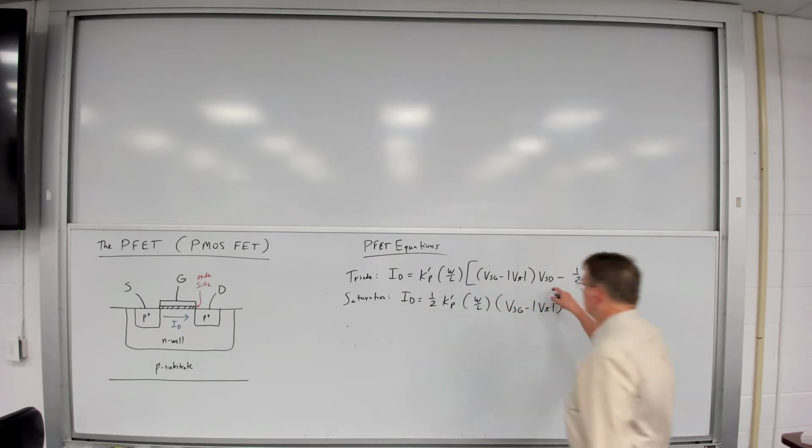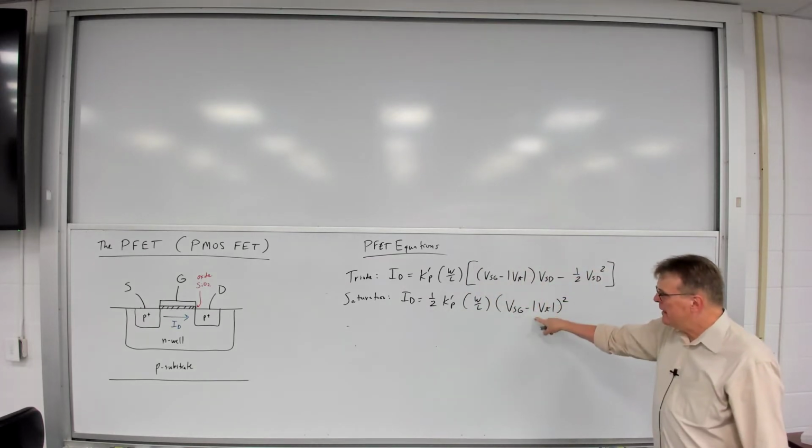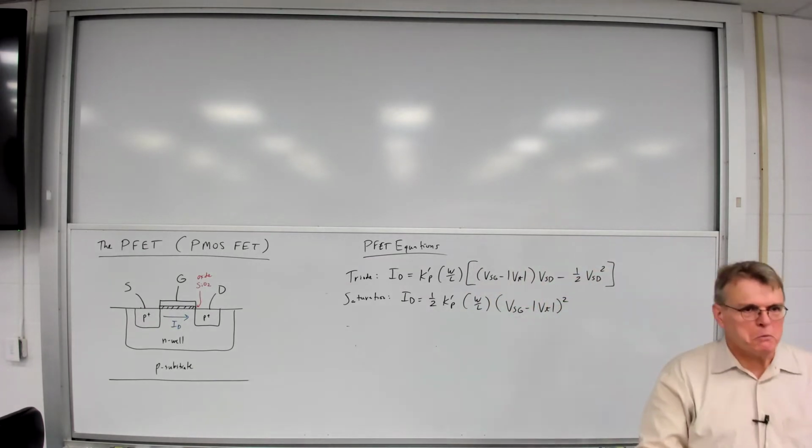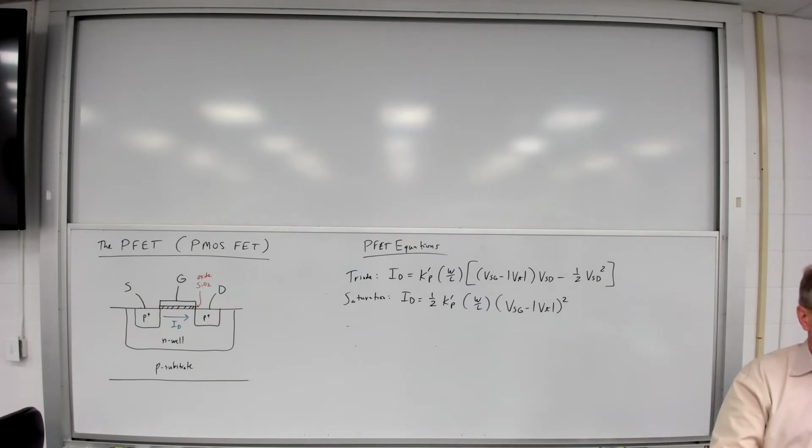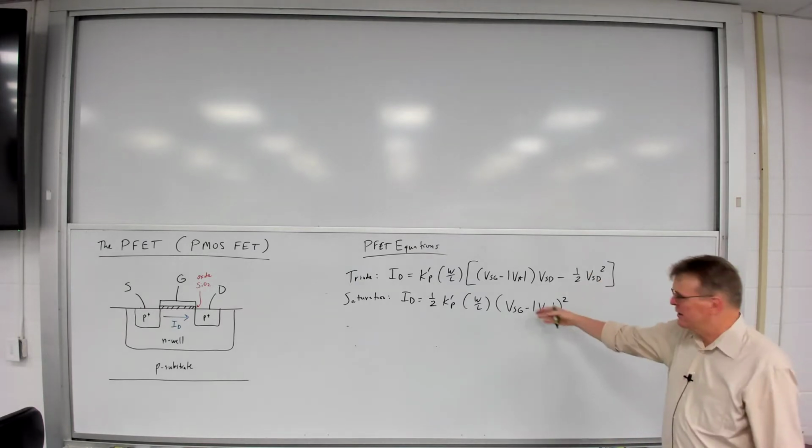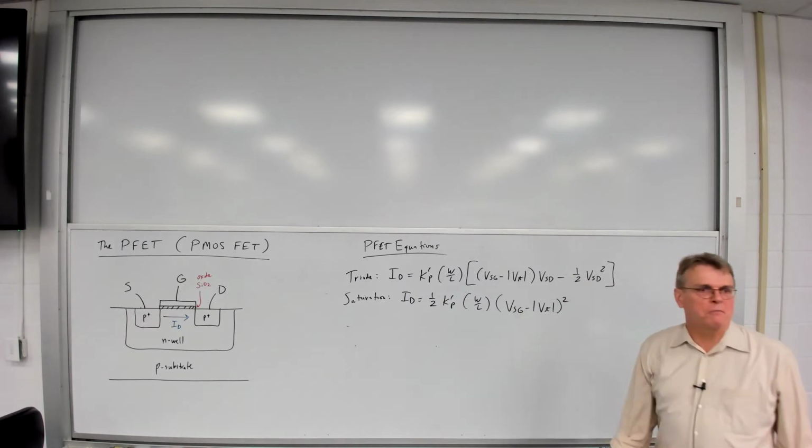And once again, note that the transition from here to here is that VSD is equal to VSG minus the magnitude of VT. So we have the same boundary condition that goes from triode to saturation.